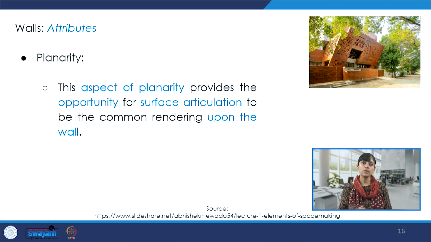Then we also talk about the aspect of planarity in terms of the opportunity that it provides for surface articulation. So, because of a certain planarity, how can this surface be articulated, divided, worked upon, and what kind of imagery, details and facade characteristics can be created. So that articulation upon the wall is possible due to these aspects of planarity.